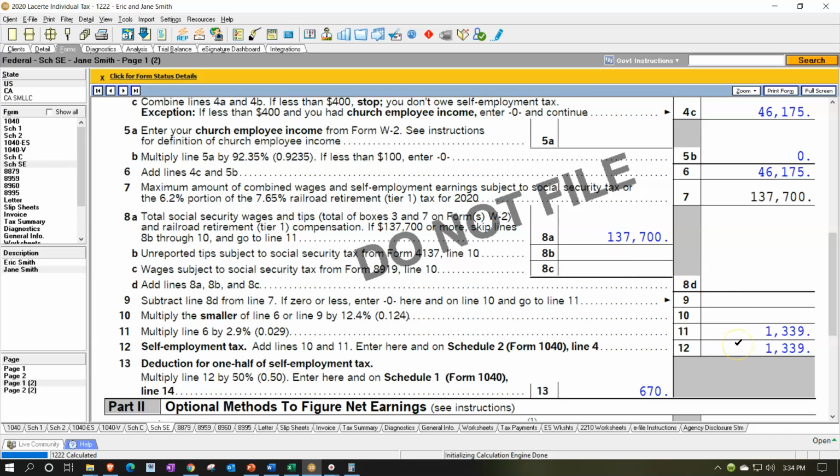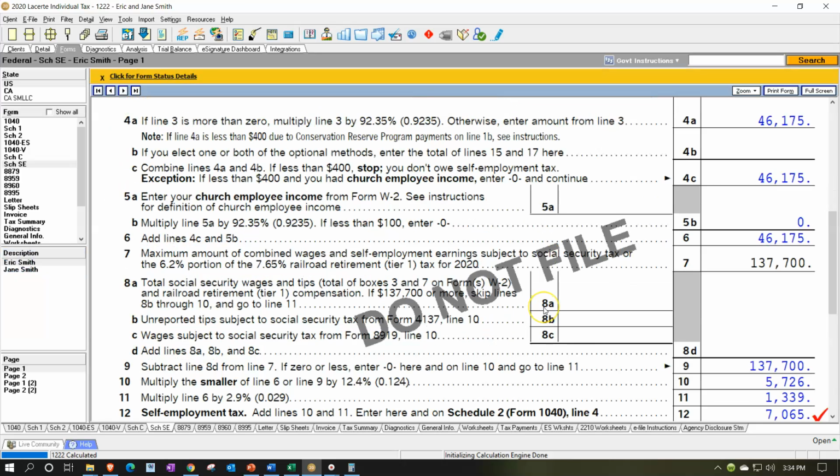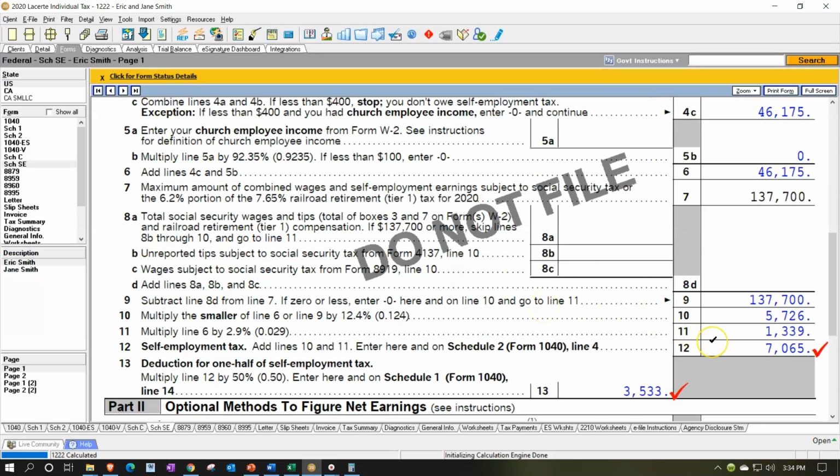So now we've got the self-employment tax applicable to her is only that $1,339, whereas if we think about Eric over here, the self-employment applied there is the $7,065.